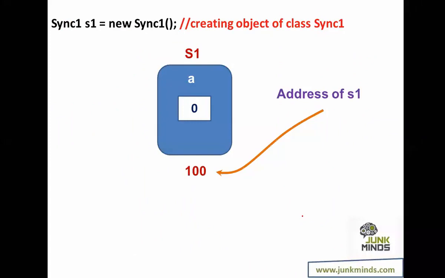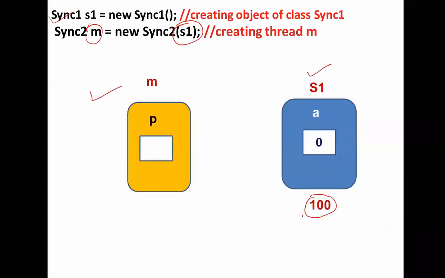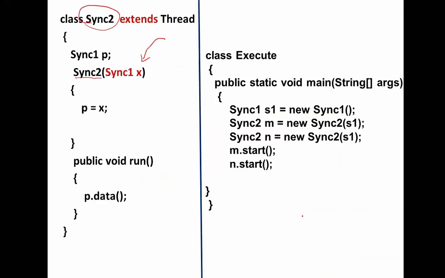I first created an object S1 of class sync1, which is a normal object. Then I'm going to create an object M of class sync2. M is going to be a thread which currently contains P, which is a reference which does not contain anything as of now. But inside this constructor of sync2, I need an object of class sync1.